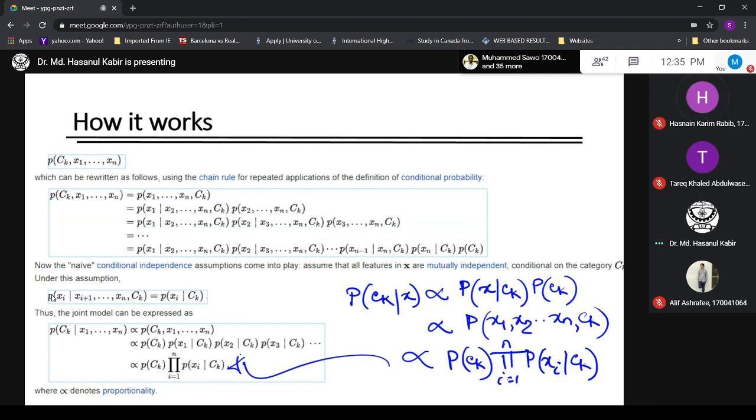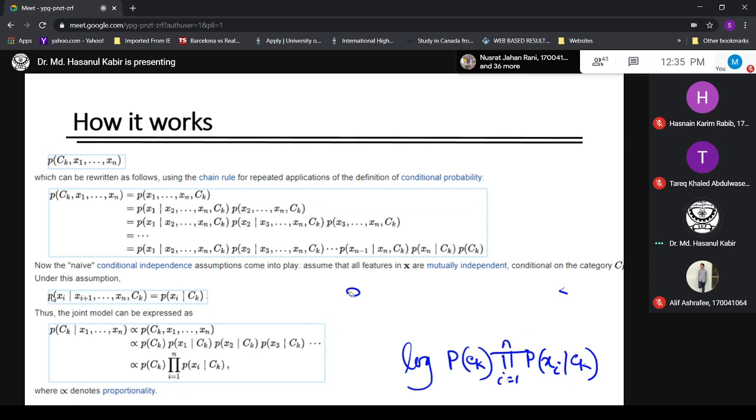Yes, sir. Okay. Now you can see that all of these things are coming as multiplicative terms. So what we can do is take a log over there. If we take the log, what's the benefit of having the log term? Multiplicative terms will come as additive terms, right?